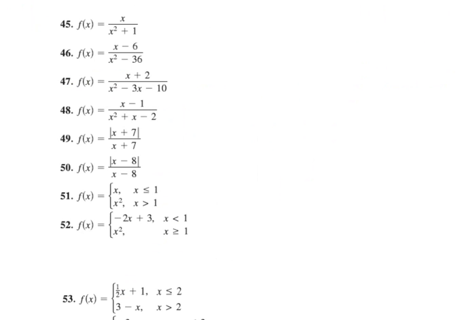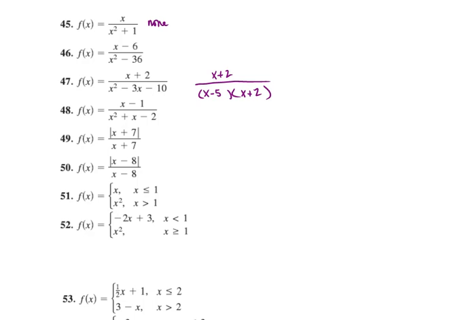45 has the same instructions here. However, note that in this case, the denominator will never equal 0, and so therefore there are no discontinuities in this. In problem 47, we should attempt to factor first, and the denominator factors to be x minus 5 times x plus 2.